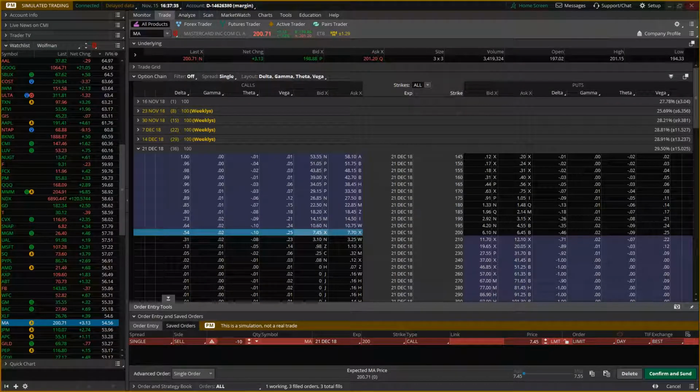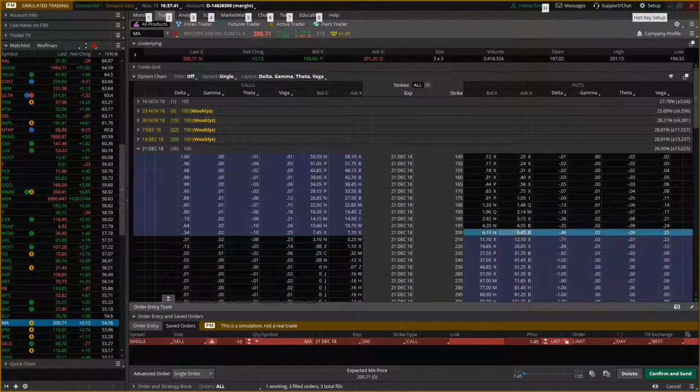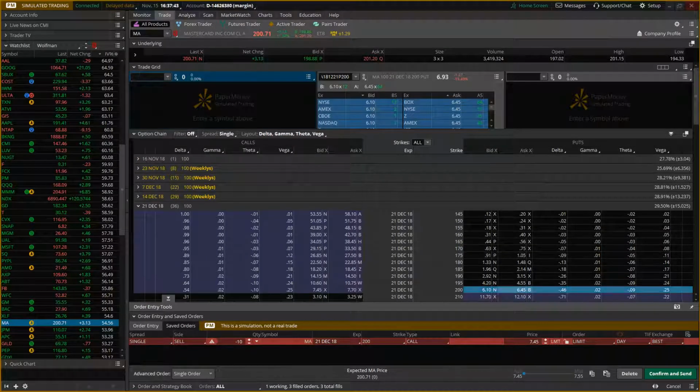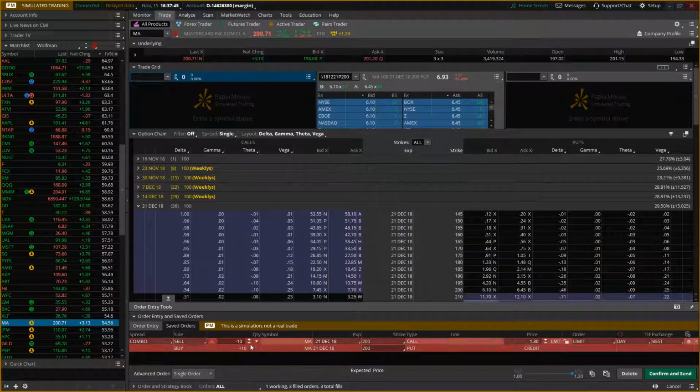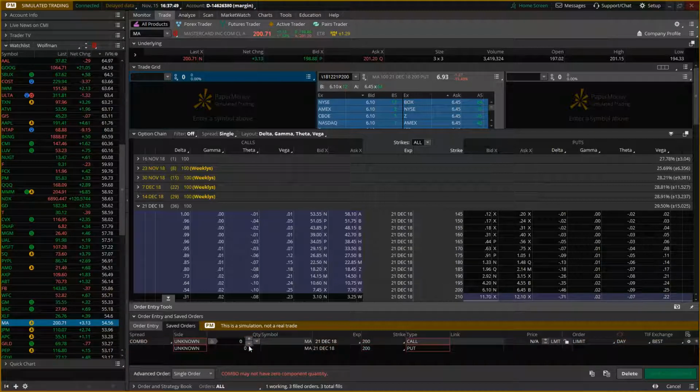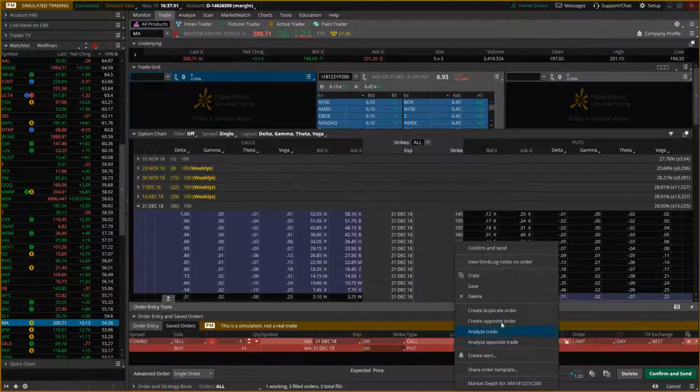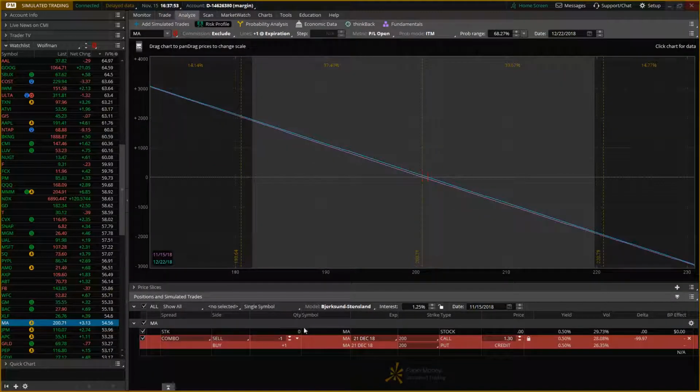So we can look here. I'll skip ahead real quick. So we're selling these and then buying the 200s like this. And then I will show you on the Analyze tab real quick how this looks. Let's analyze this trade. And you can see the purple line is the particular underlying we're trading, and the blue line is what we are doing.